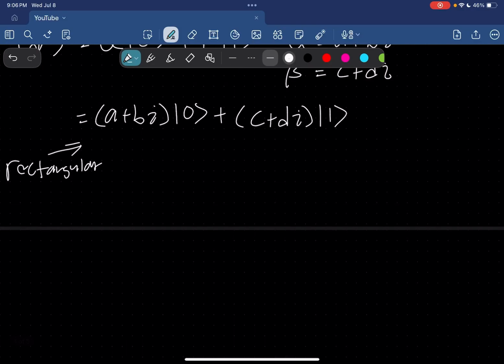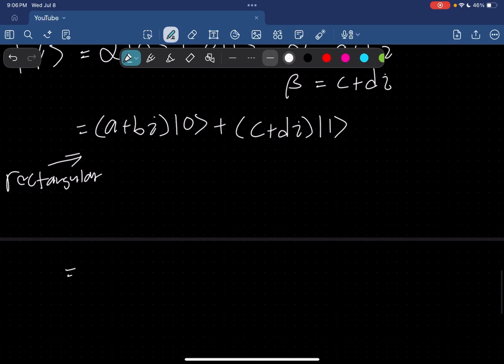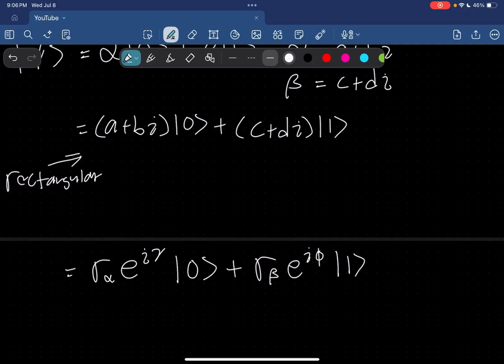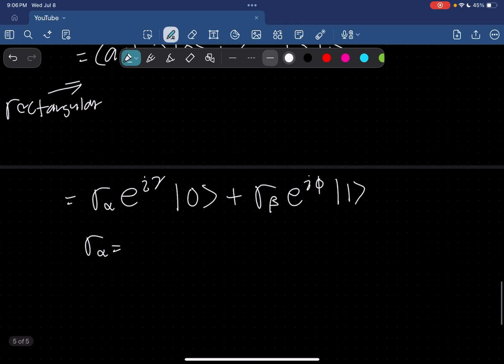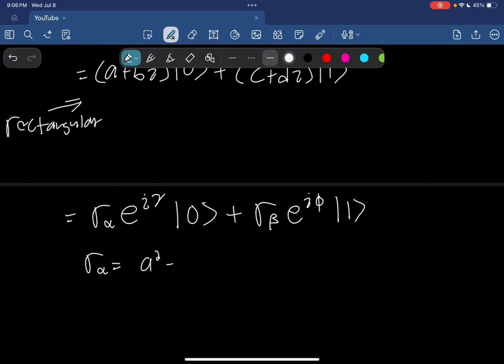Now if we transform them into polar coordinates, right, which is of the form, so we would have, that's a gamma, by the way. So this is in polar form, and this r alpha is simply going to be the modulus of alpha, right? So just the square root of the real and imaginary terms squared.